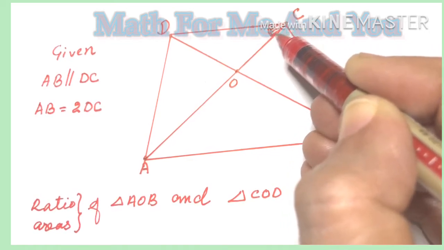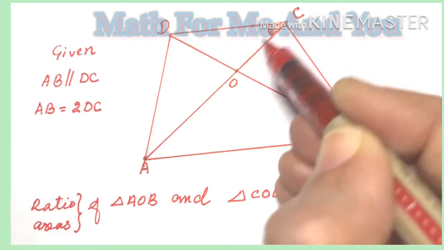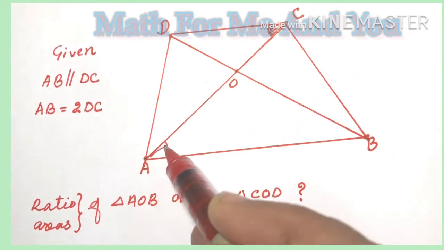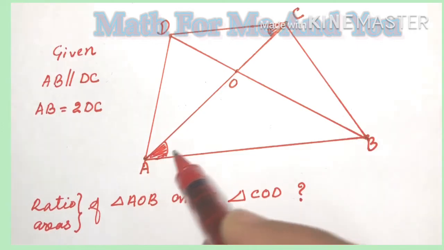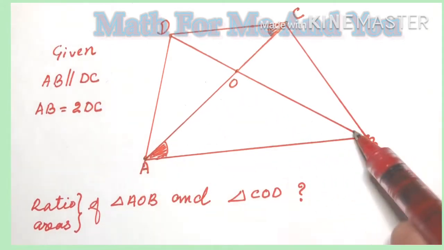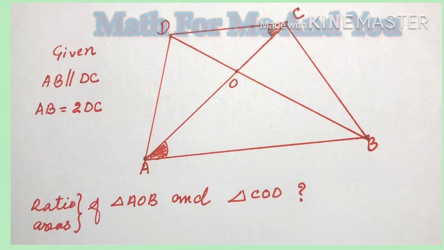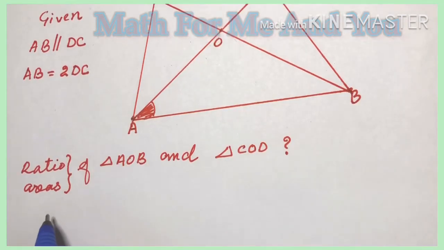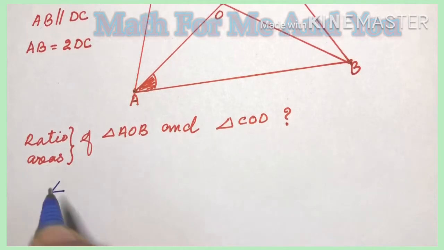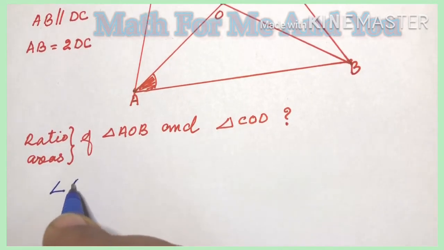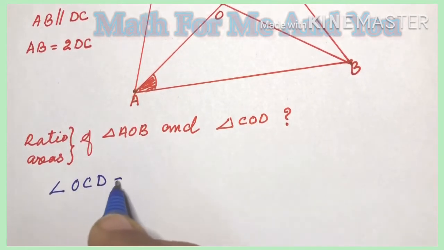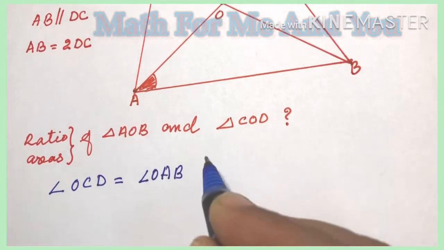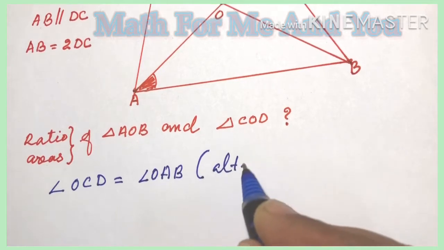In this we can see angle DCO and angle OAB are equal because they are alternate angles, two parallel lines cut by the transversal. Then we can write angle OCD is equal to angle OAB. The reason: alternate angles.